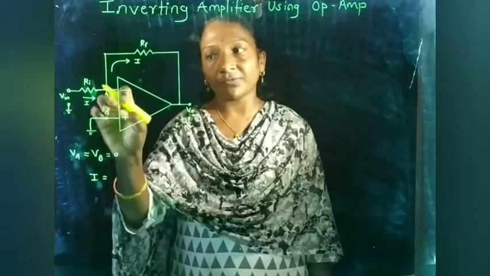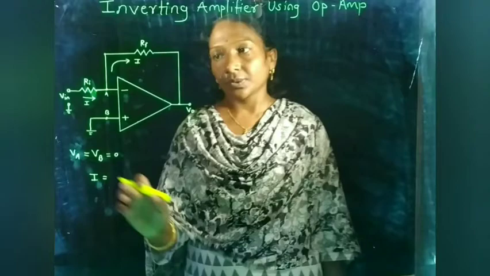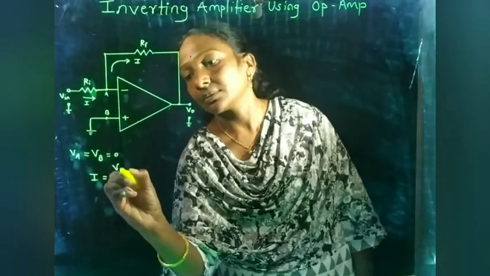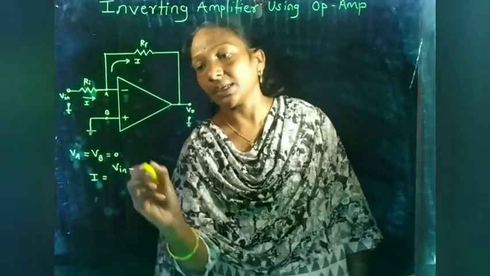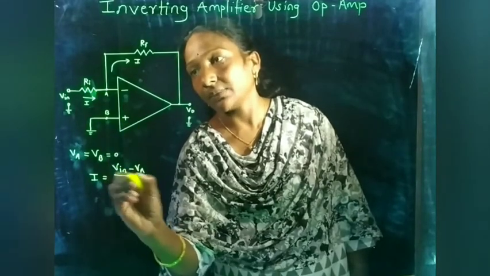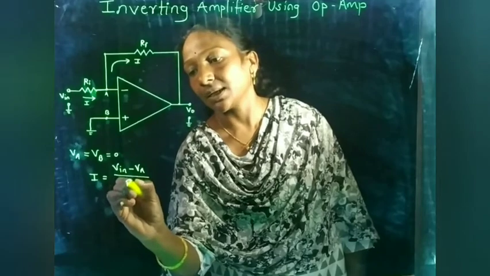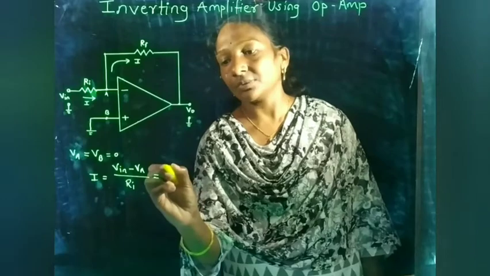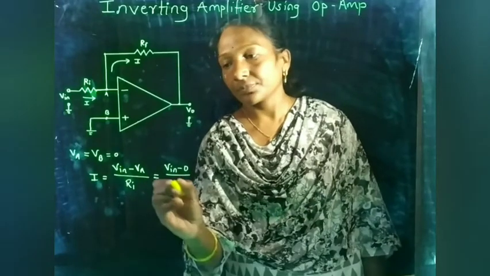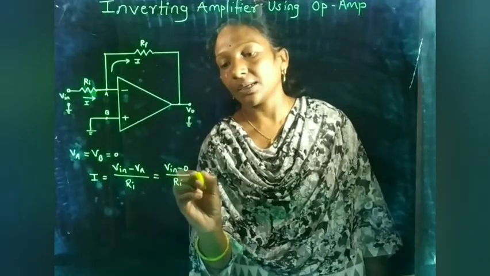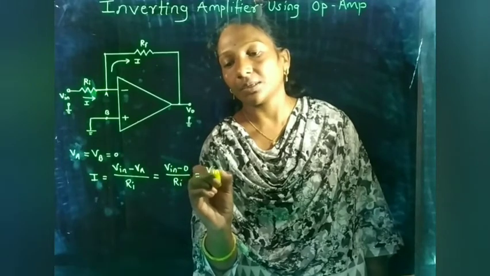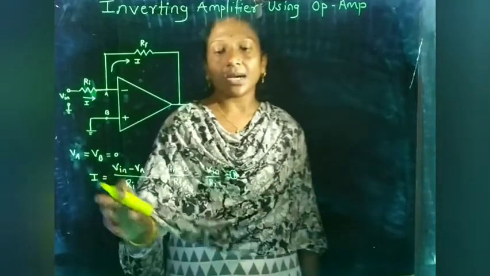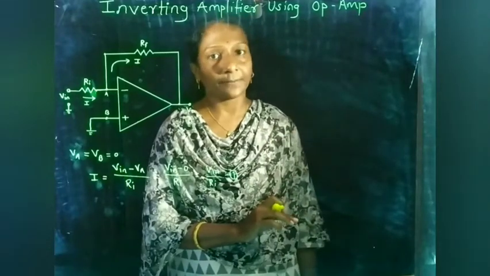VB is 0, therefore VA is also 0, and the current I is equal to Vin minus VA divided by this resistance Ri. Since VA is equal to 0, I is equal to Vin upon Ri. This is the first equation. That means I is equal to Vin upon Ri.